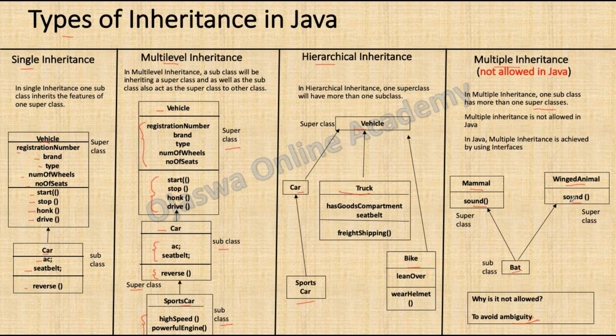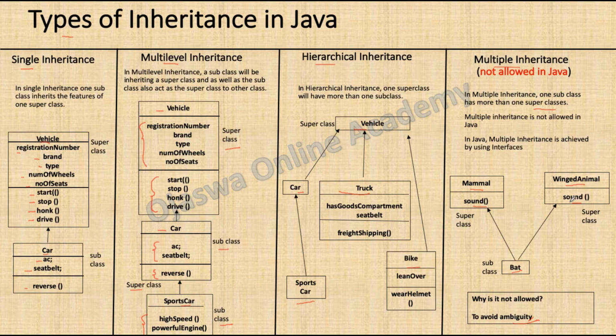So if you have two superclasses and the same method name in both, it's very confusing which superclass method should be called. So in this case, it's very confusing for bat to invoke the sound method because the sound method is present in both the superclasses. So to avoid such situations, multiple inheritance is not allowed in Java.